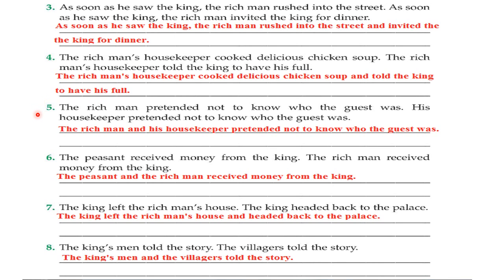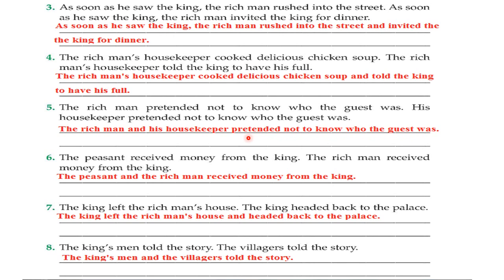Sentence number 5. The rich man pretended not to know who the guest was. His housekeeper pretended not to know who the guest was. In the first sentence, the predicate is pretended not to know who the guest was. Who pretended? The rich man. In the second one, the housekeeper pretended.